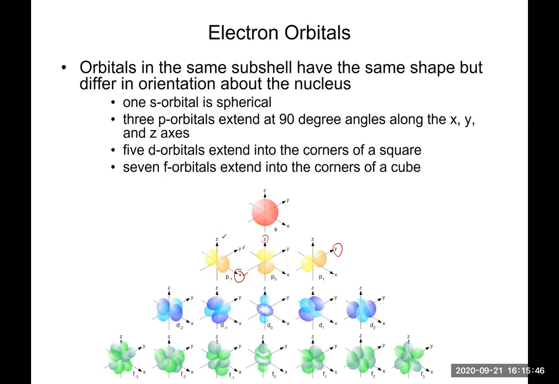Using the x, y, and z axes, we can look at the d orbitals now. What's interesting about the d orbitals, as you can see from these diagrams down here, is that there are some cases where the d orbitals reside between these axes. And so you can see that these light blue and purplish colored bubbles are residing between the axes on those two that I just put a check mark by.